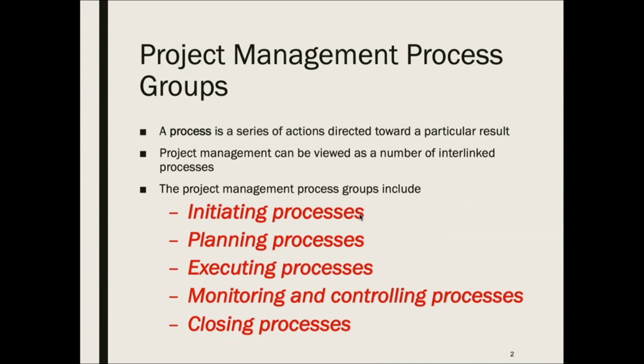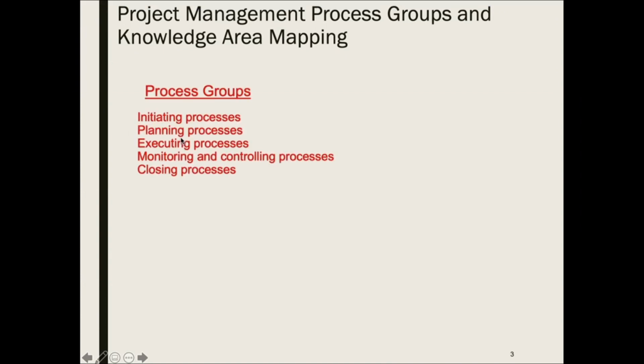Now, in this chapter, we want to map these processes with the knowledge areas that we studied in chapter 1. I want you to understand the mapping that we are doing here. Now we have these process groups, which are based on the project life cycle: initiation, planning, executing, monitoring, controlling, and closing.